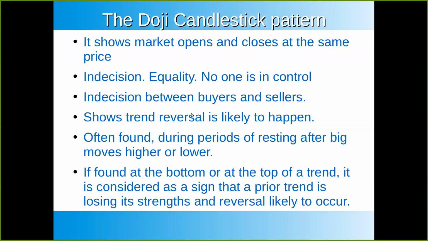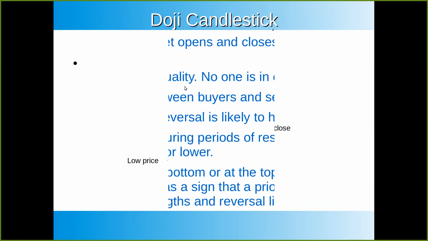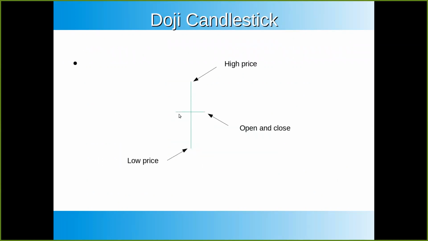That is why we say that there is equality. We say that nobody is in control of the market. There is indecision between the buyers and the sellers, because where the market started was where it came back to. Remember, the candlestick always tells a story.